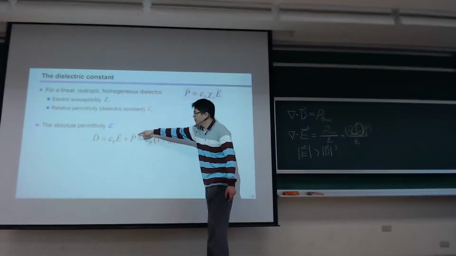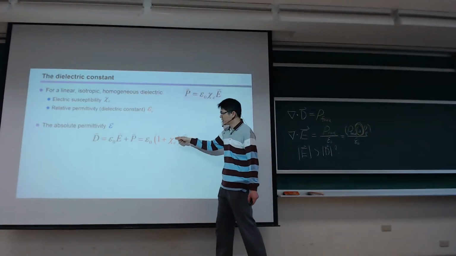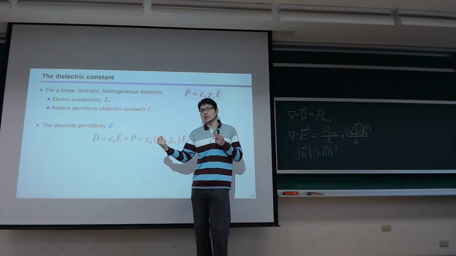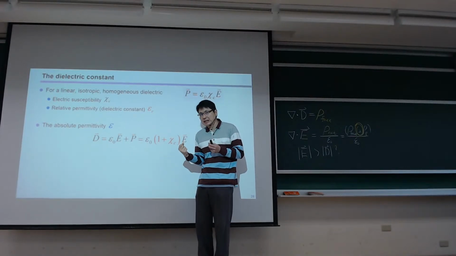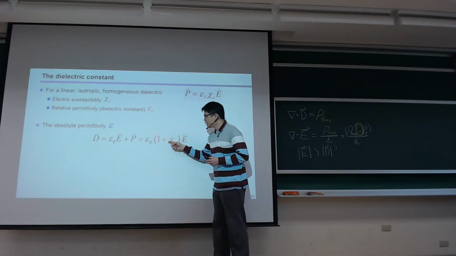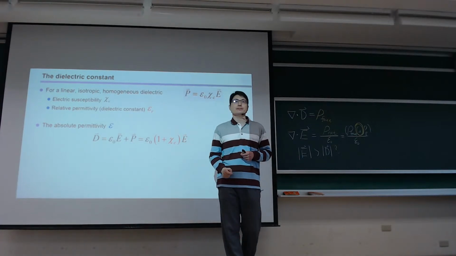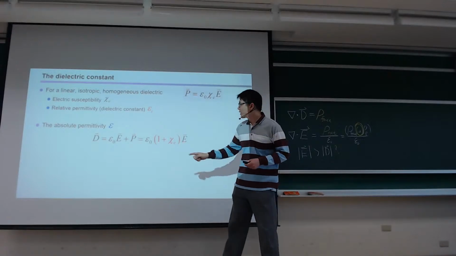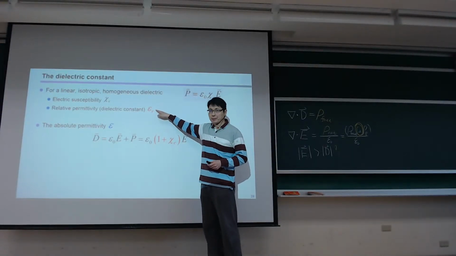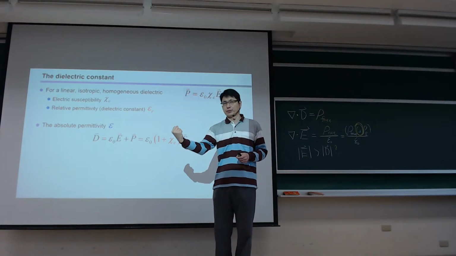We can just replace this P by epsilon 0 chi E E. So basically, the flux density, which is associated to free charge density, can now be formulated as epsilon 0 times 1 plus chi E times the E vector. And we call this 1 plus chi E the relative permittivity of that given dielectric material.